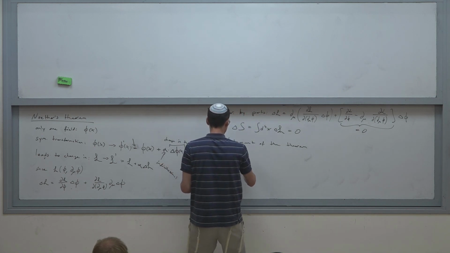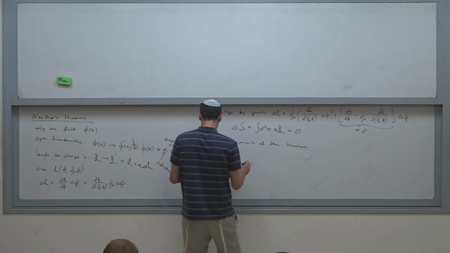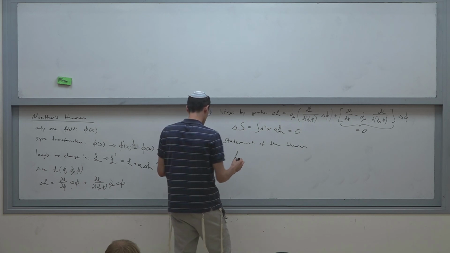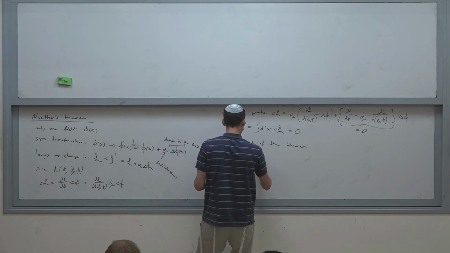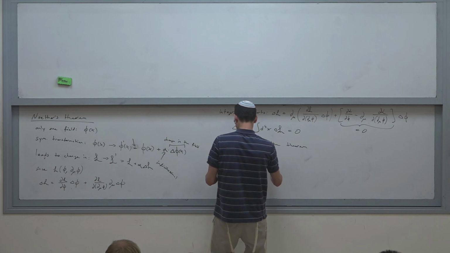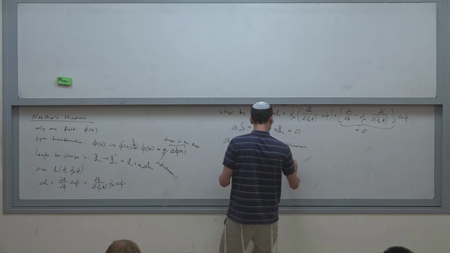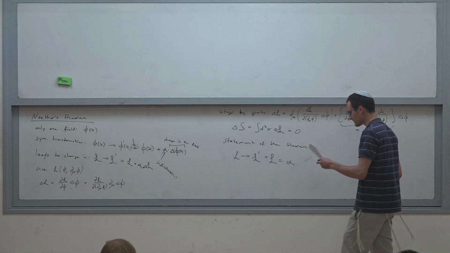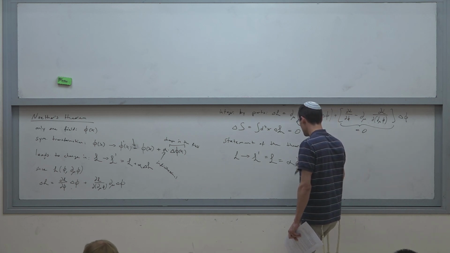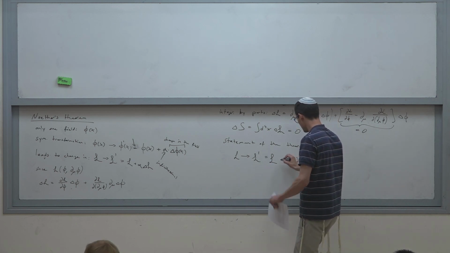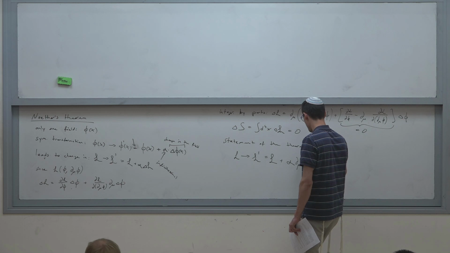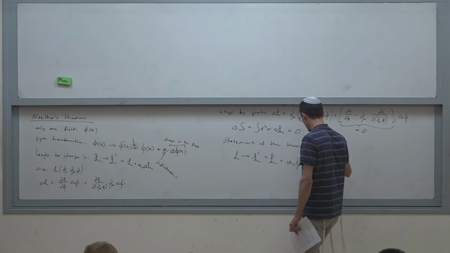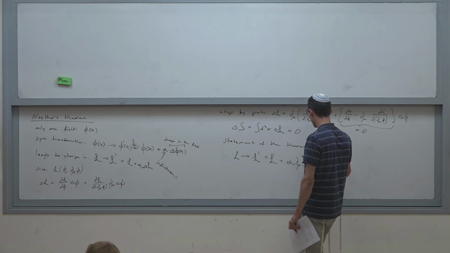is allowed to change under a symmetry transformation, but at most by a four divergence. So L is allowed to become L prime, which is equal to this infinitesimal parameter alpha times d mu, and I'm not going to use capital J mu, where mu again is an arbitrary function.